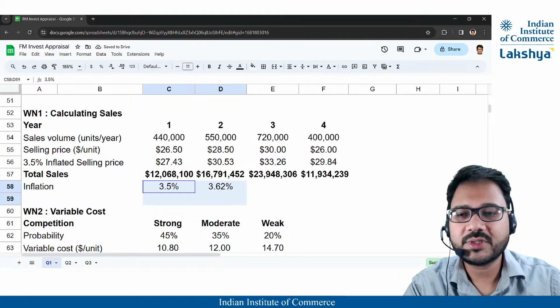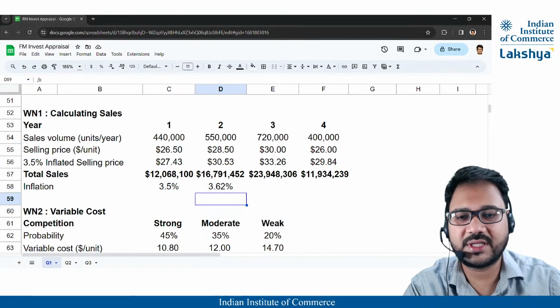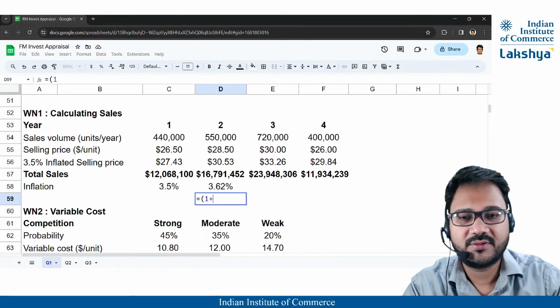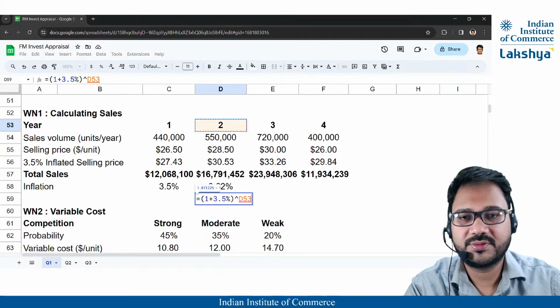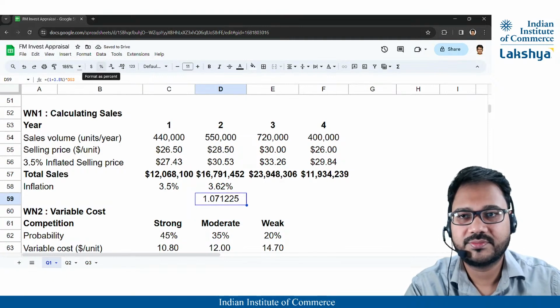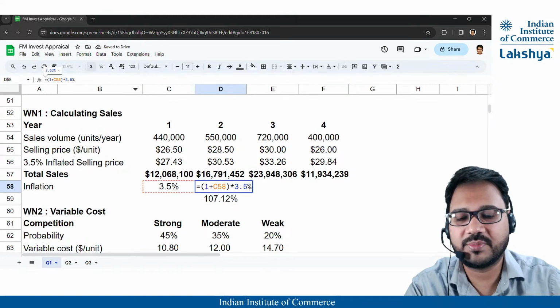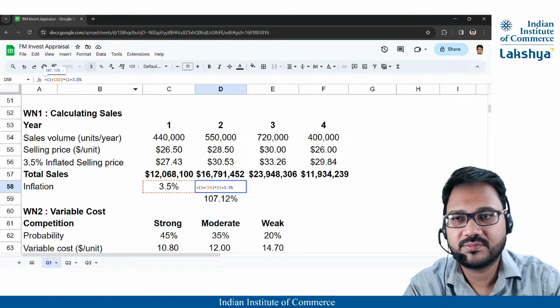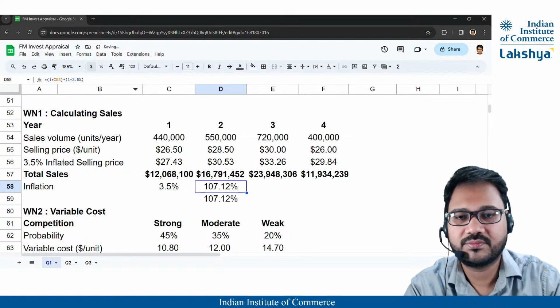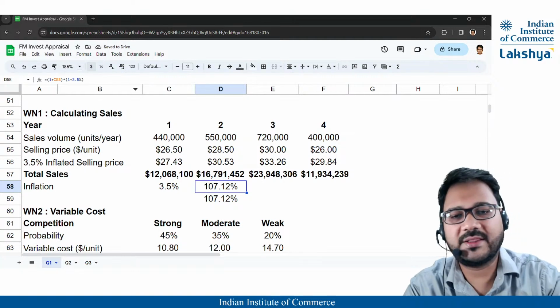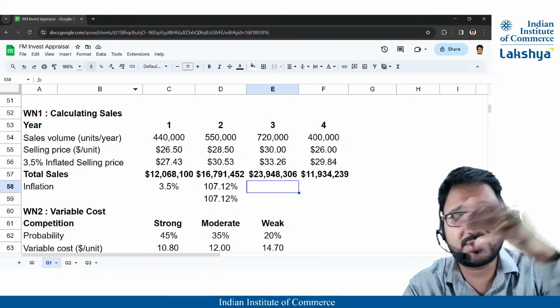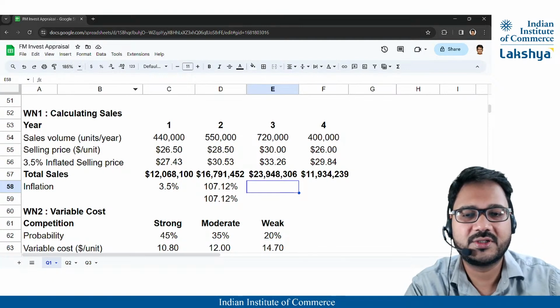Okay, so on and so forth. So this is nothing but 1 plus 3.5% raised to... okay, sorry, it will be into 1 plus... okay. And then since it's year 3, so it's 3 years of inflation happening.